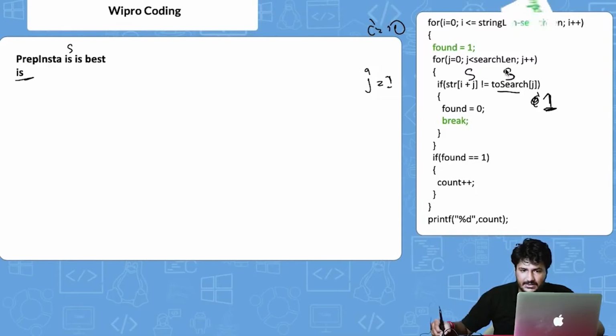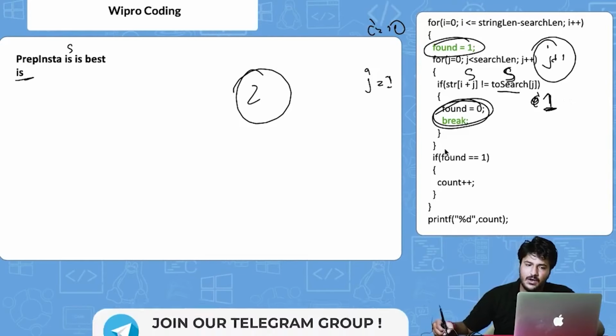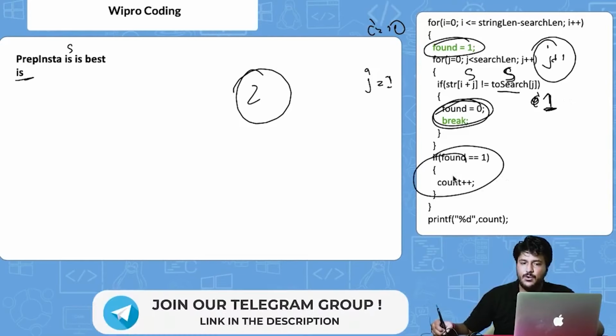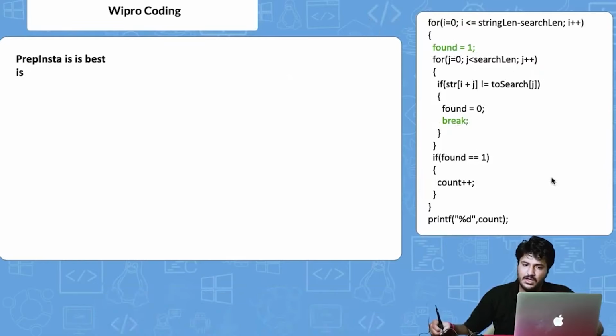So this condition is not satisfied, this will not apply again. Found value remained 1, j plus plus has completed. Now this will come here with found 1, and it will say okay, we found it at least one time. Now count plus plus value gets increased to 1. Okay, so this is found again.